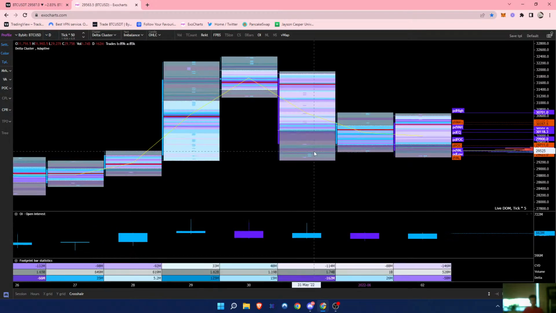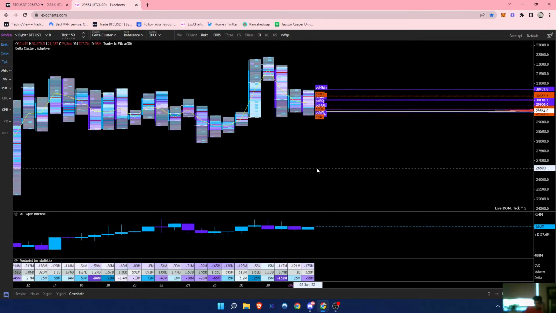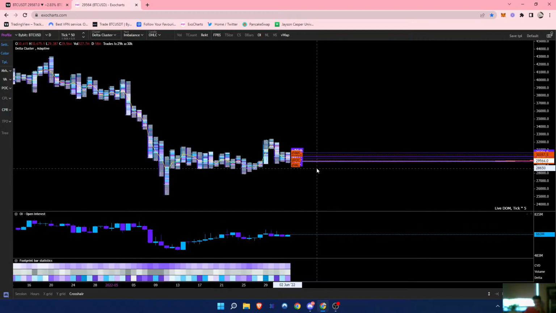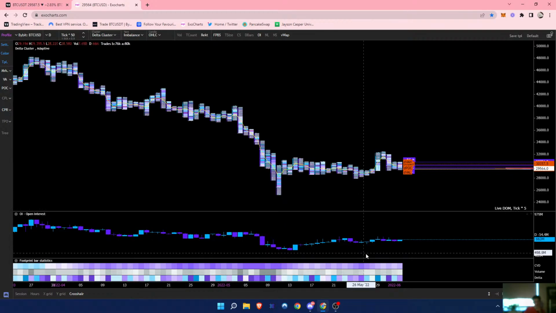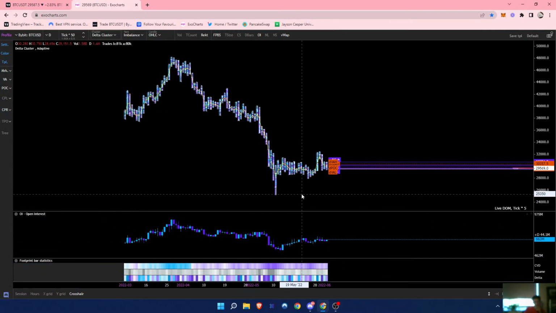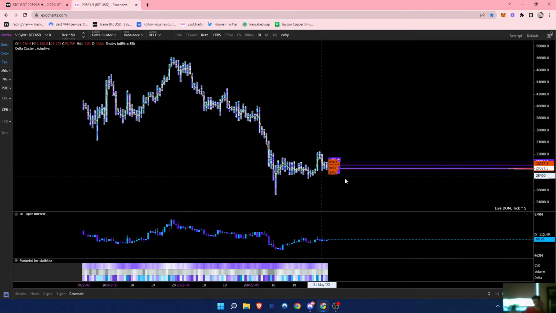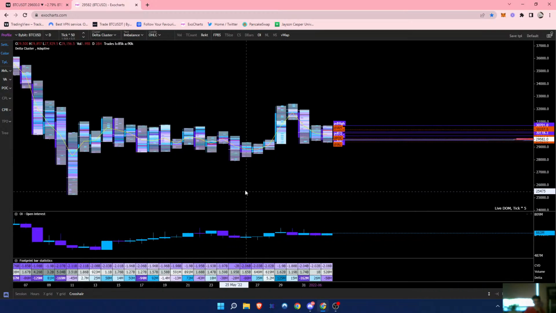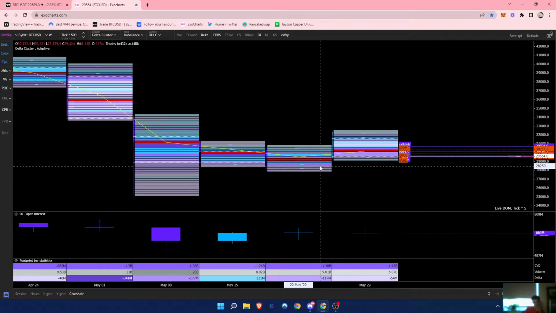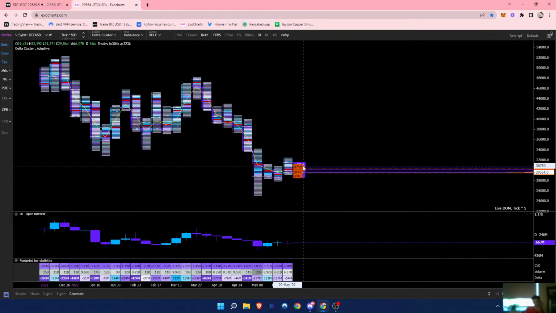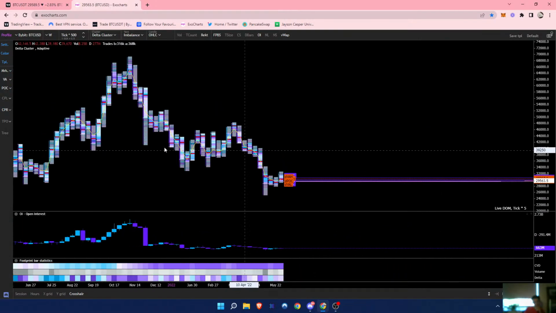That's not really a good example. I don't know, it's kind of dying out, but it's hard to tell with order flow. This whole move down of the bear market had very low OI.